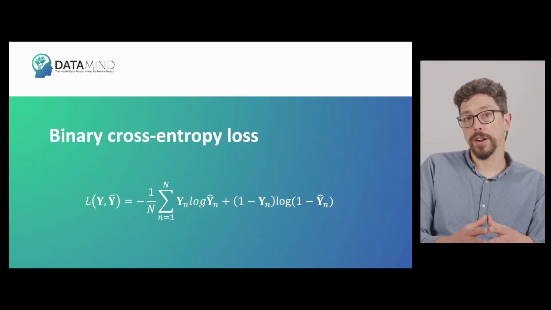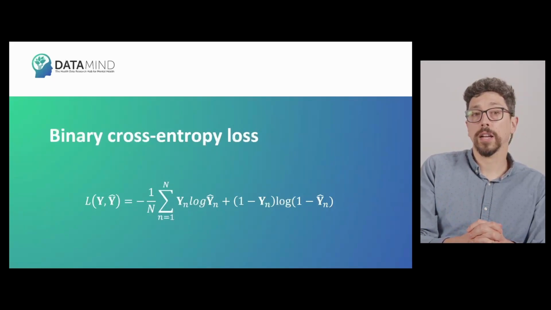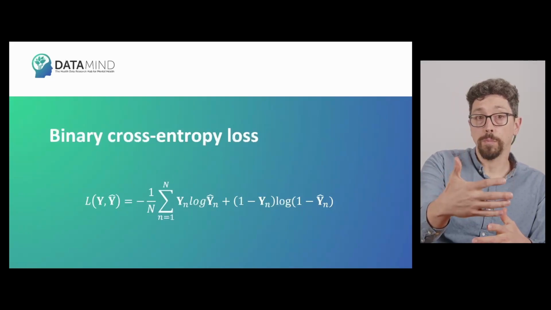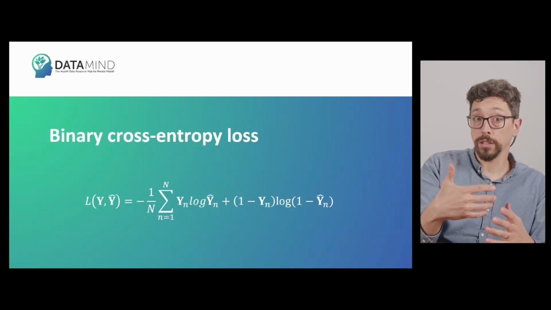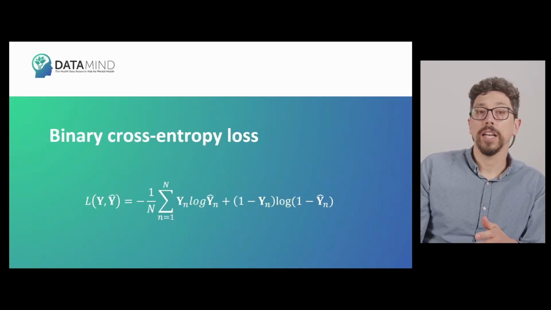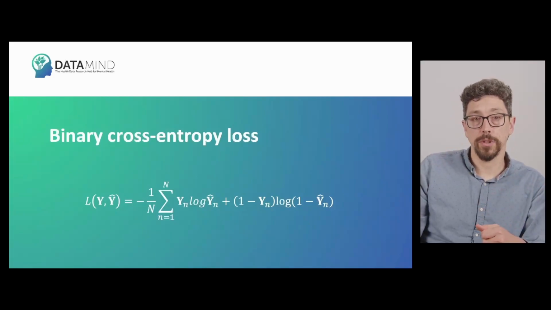binary classifier. And here the loss will be defined as you can see in the slide, where capital Y is the desired output, so the targeted class, so either 0 or 1, and y hat is the predicted class, the predicted output.